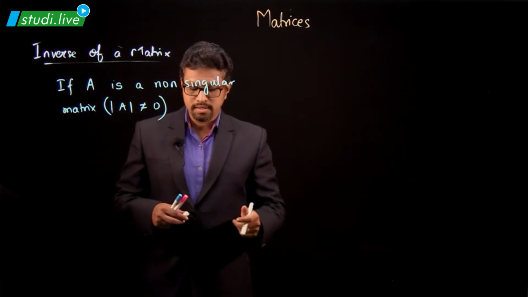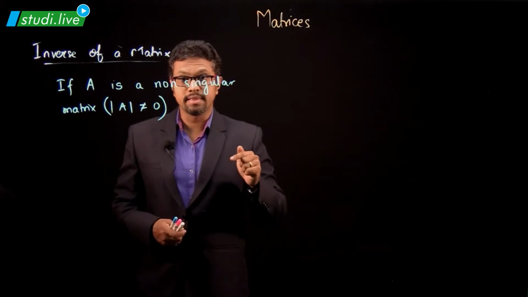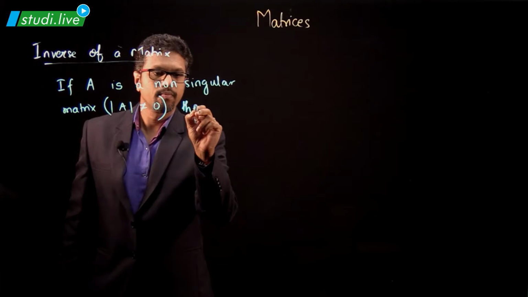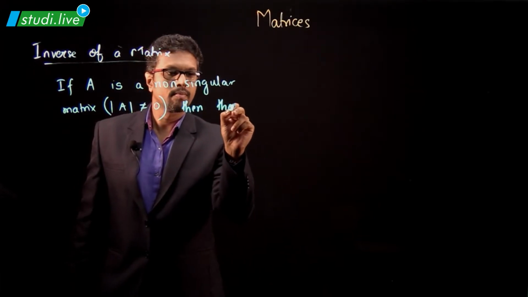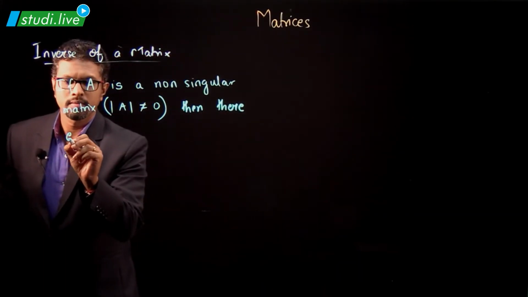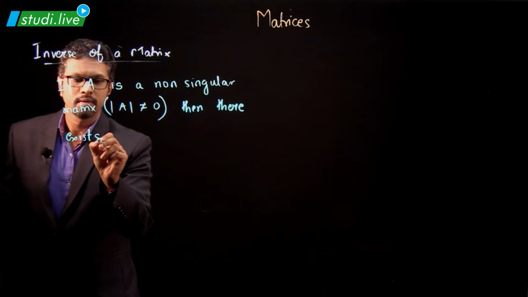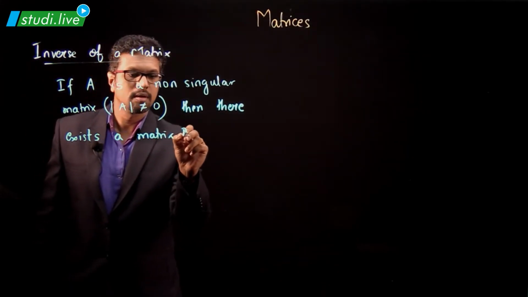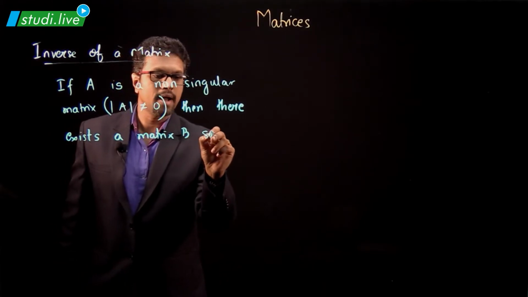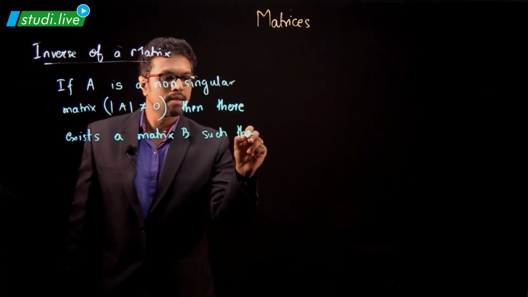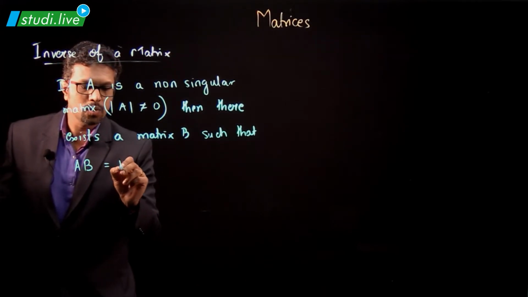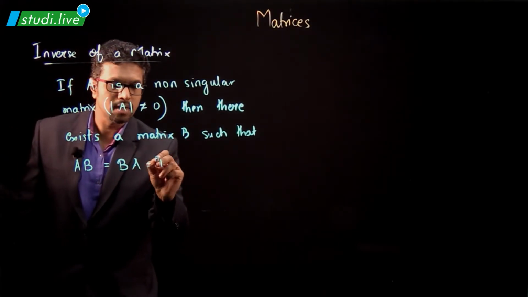So if A is a non-singular matrix, then there will exist a matrix B such that A into B is equal to B into A is equal to I.